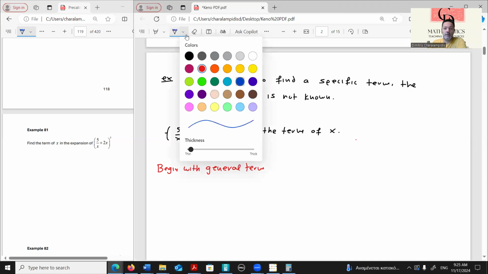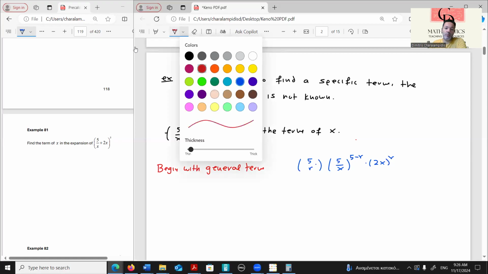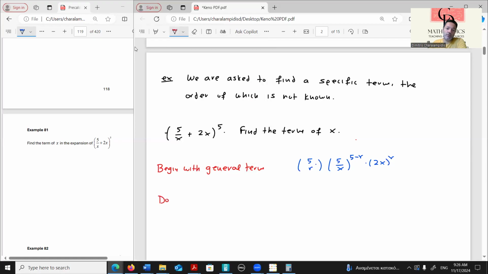So let's do that. The general term of that is 5 choose r multiplied by 5 over x to the power of 5 minus r multiplied by 2x to the power of r. Next, we want to do operations, and mostly by operations we mean properties of powers.